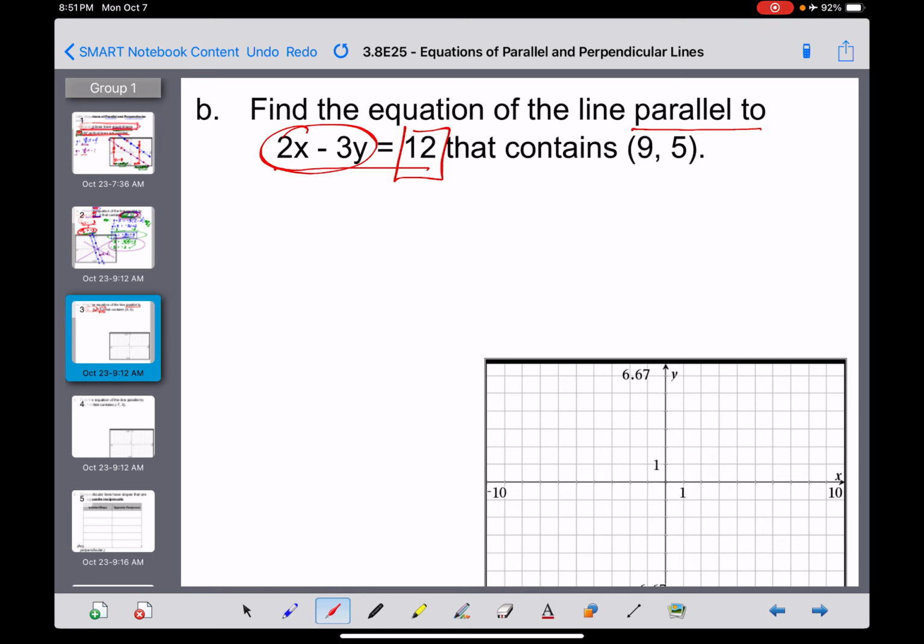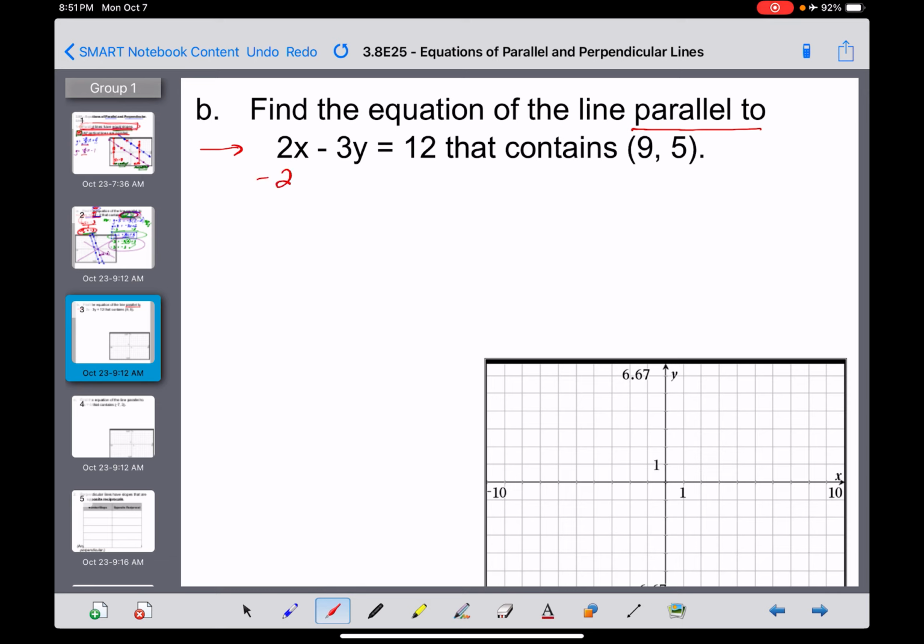Most of you know that if you want to deal with that line, you probably want to get it into slope-intercept form. So we're going to solve this equation here for y.